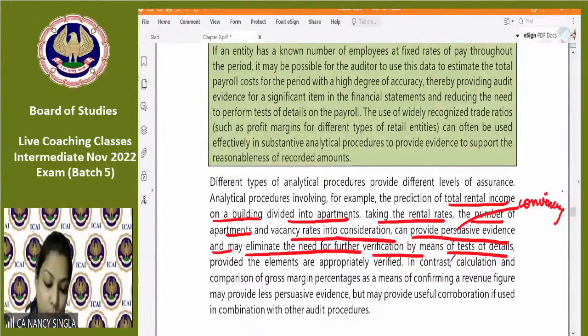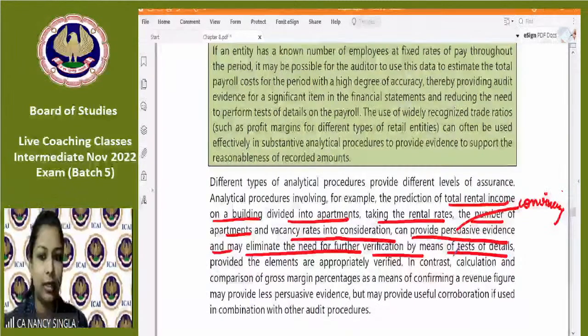However, see students, what this paragraph is saying. Let's say you are checking whether the rent income is coming correctly or not. So auditor may pick up the number of flats which are being given on rent multiplied by the rate of rent per flat, and he may take into account the flats that are vacant. Okay? And then he may decide that I'll not go for further checking.